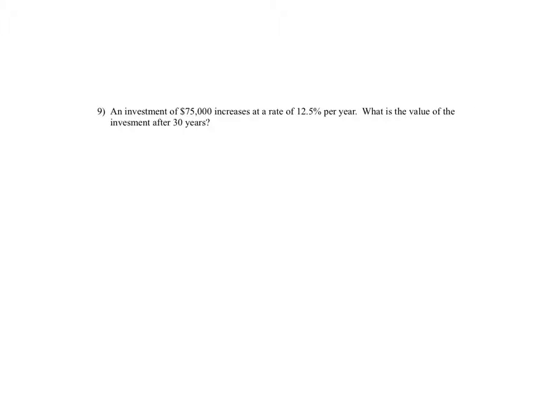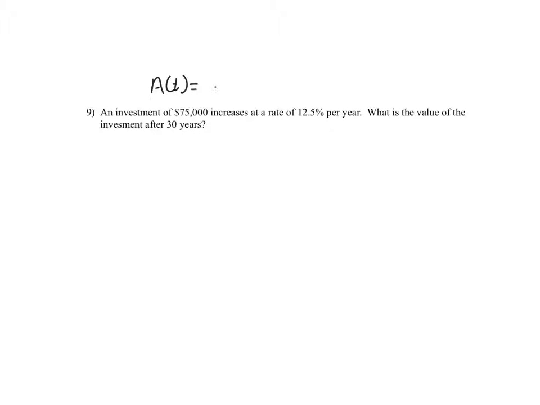Okay, so again, let's write the formula up here. A of t equals A times 1 plus r to the t. So it says an investment of $75,000. So we know that A equals $75,000. It increased at a rate of 12.5%.